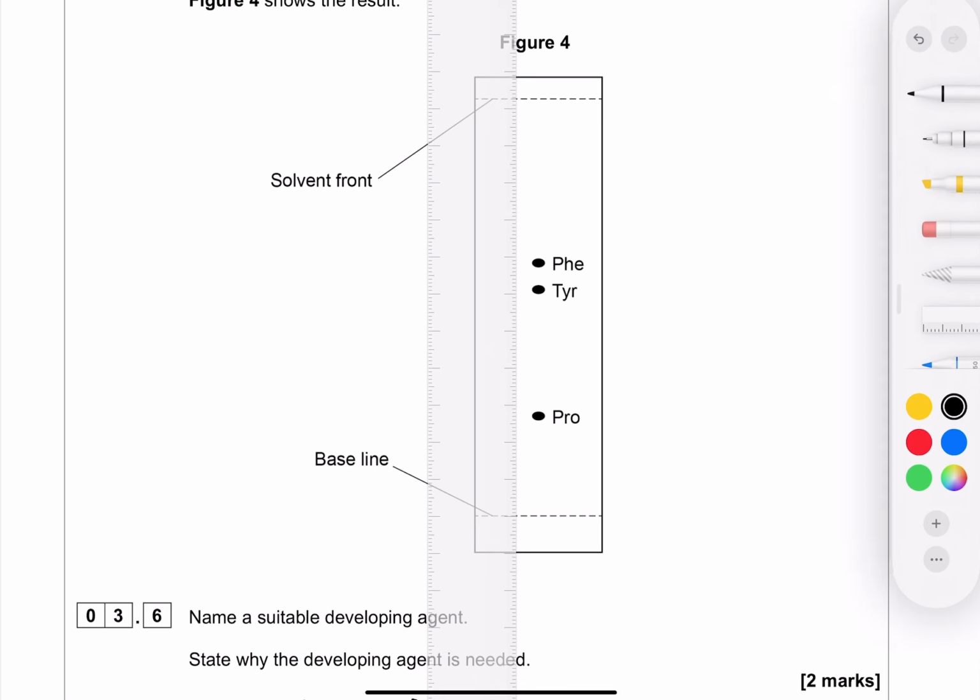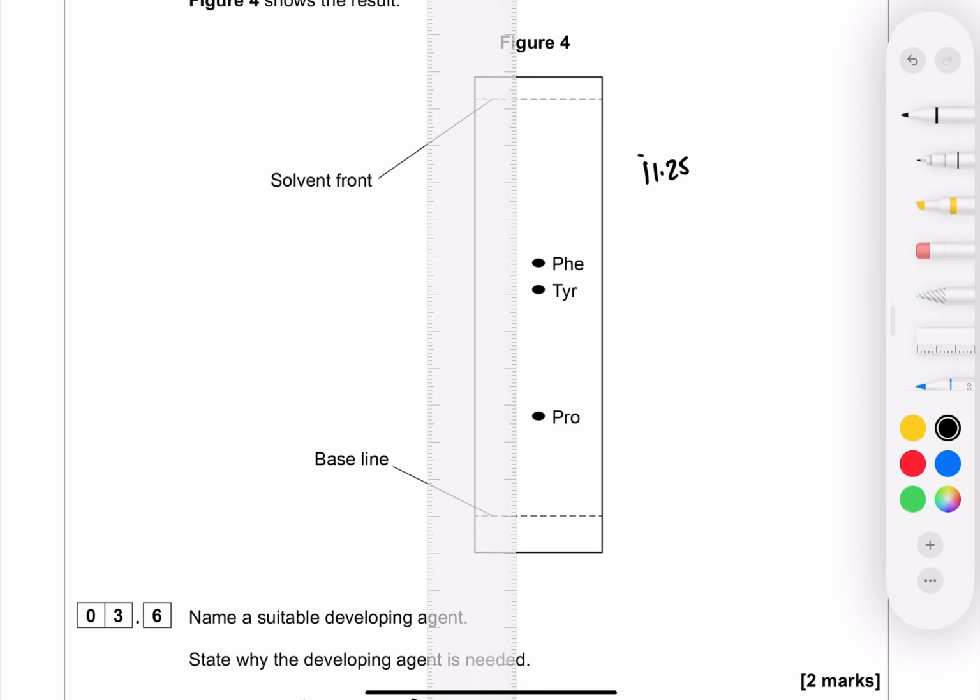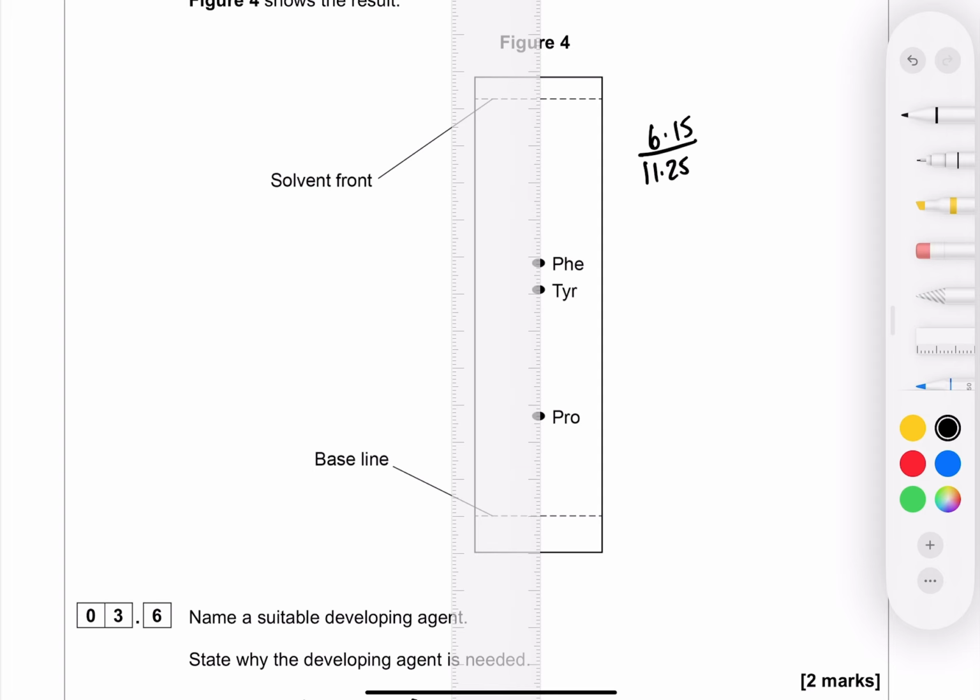So 11.25 for the solvent. And then if I scroll along, Tyr 1, 2, 3, 4, 5, 6.15 for the spot. And so my value is coming up as 0.55.